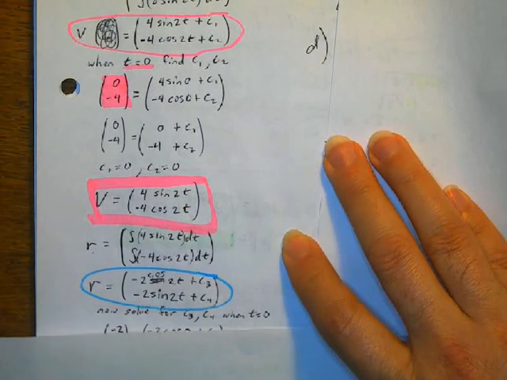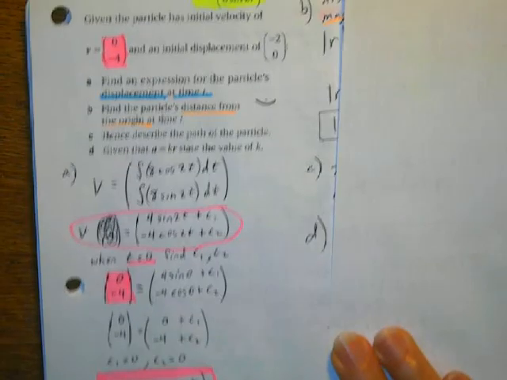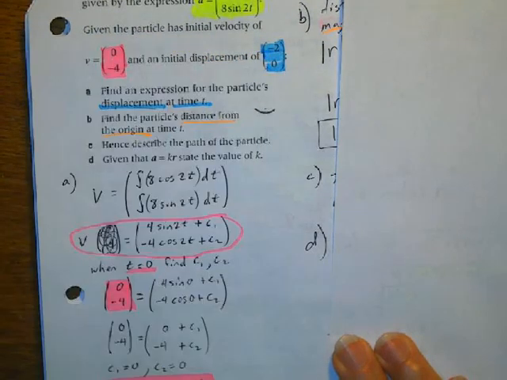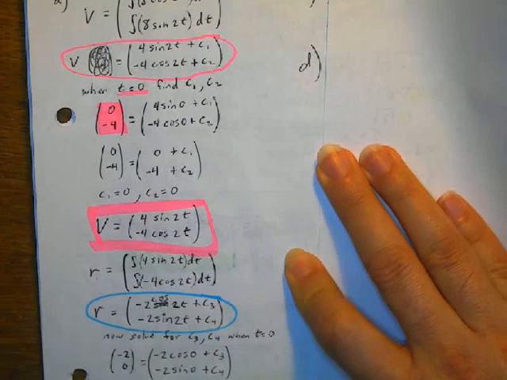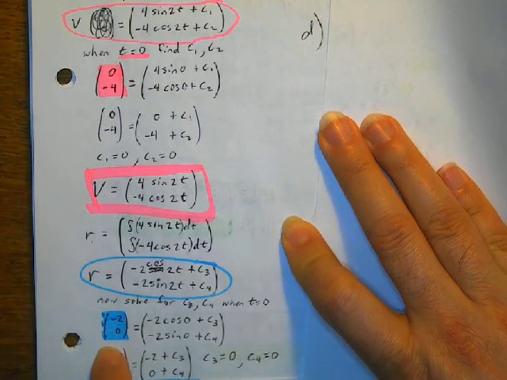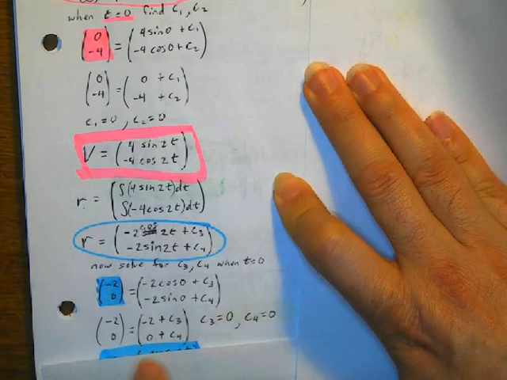And when time is 0, we know the initial displacement is -2, 0, right? So I'm going to replace r with -2, 0, because that's the displacement location when time is 0. I'm going to replace cosine 0 with 1.